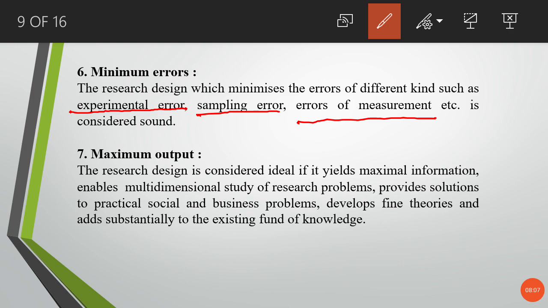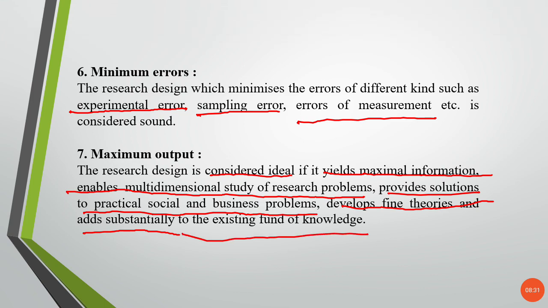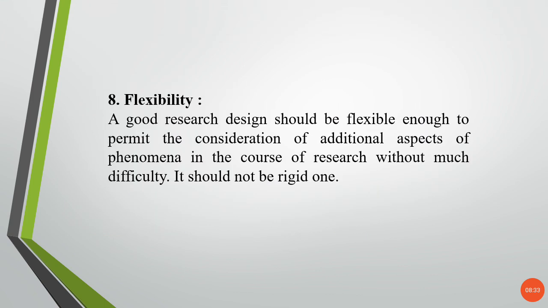The research design is considered ideal if it yields maximal information, enables multi-dimensional study of research problems, provides solutions to practical social and business problems, develops fine theories and adds substantially to the existing field of knowledge.